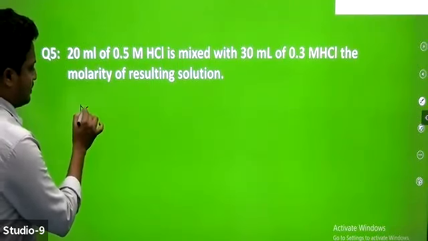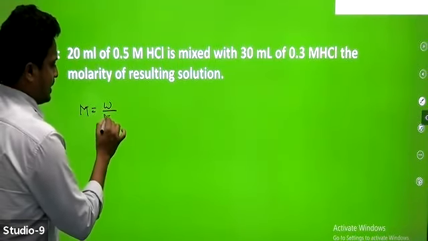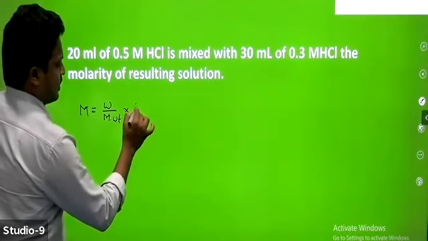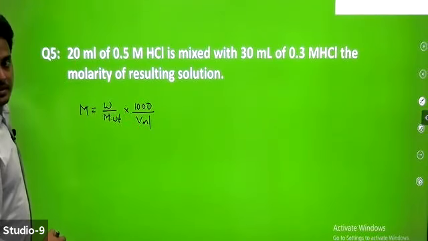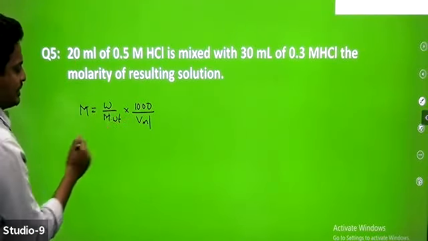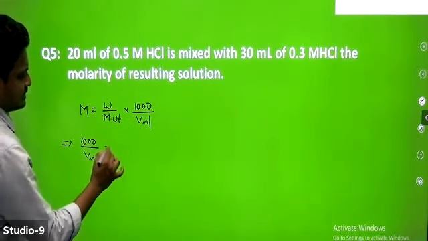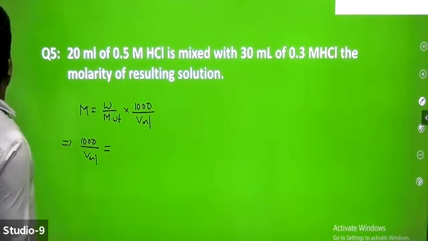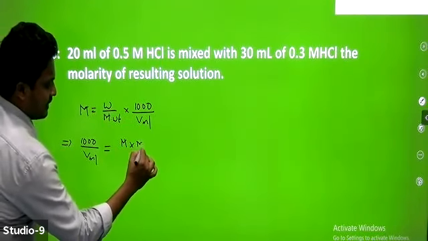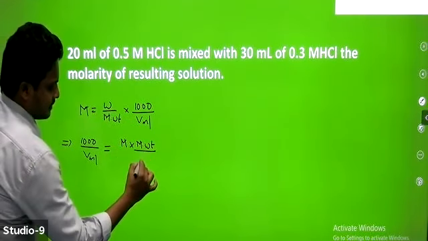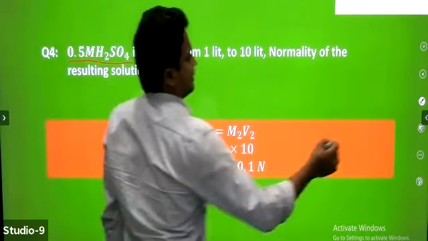Actually, molarity equals weight by molecular weight into 1000 by volume in milliliters, right? Now 1000 by V in milliliters equals molarity into molecular weight by weight.